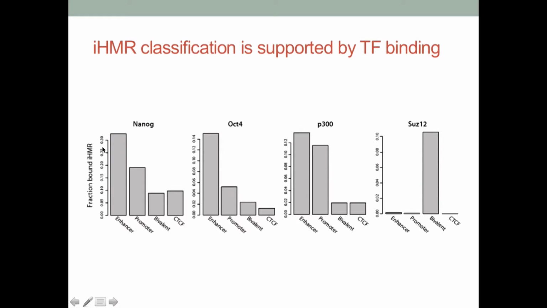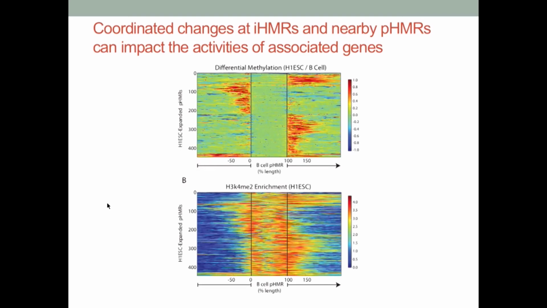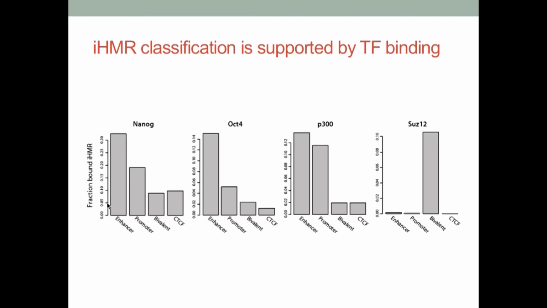This IHMR classification is also supported by transcription factor binding. The transcription factors in H1 cells that you would expect to be most associated with these different regions are enriched accordingly: SOX2, the polycomb protein associated with the bivalent state; P300, which is almost always located at active promoters and enhancers; and OCT4, an enhancer transcription factor for the pluripotent state, as well as NANOG, also enriched at enhancers.